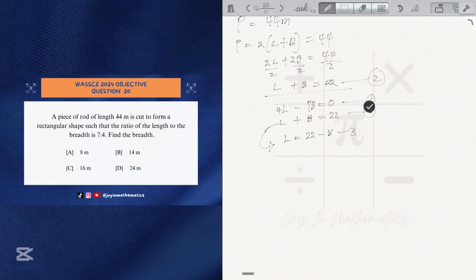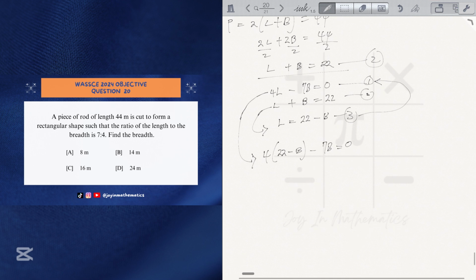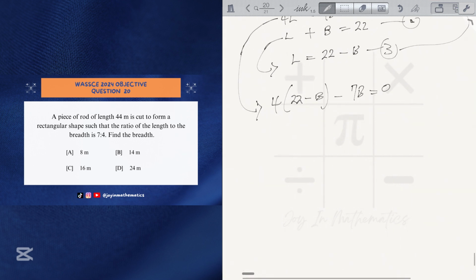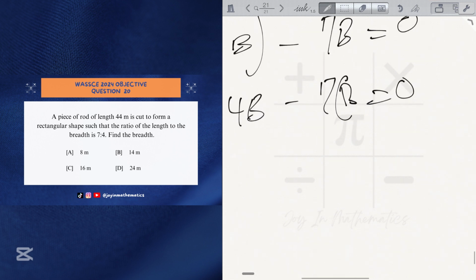We can substitute equation 3 into equation 1. Wherever we see L, we write 22 minus B, so we have 4 times 22 minus B, minus 7B is equal to 0. Now we can find the value of B easily. Let's open the brackets: 88 minus 4B minus 7B is equal to 0.